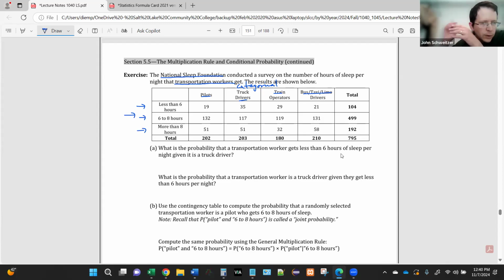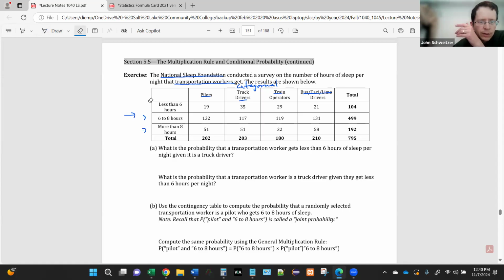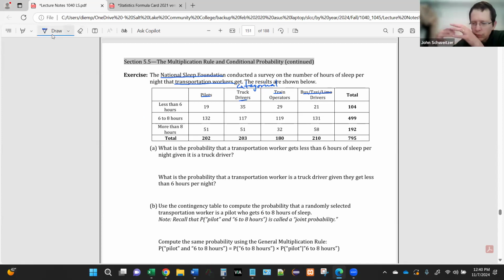So three levels for the sleep variable. That's another categorical variable. So you know that anytime you have categorical versus categorical, we have a contingency table, right? These contingency tables are everywhere. They're super useful for this kind of data structure.